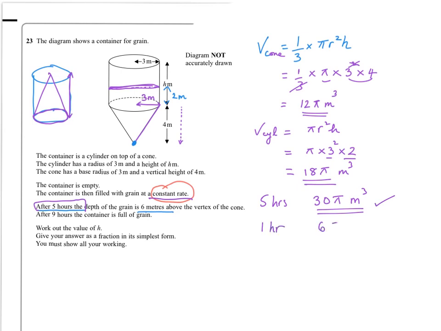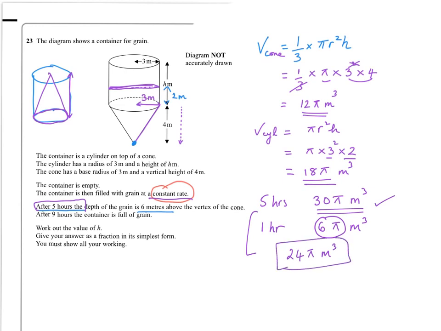It would have done 6 pi meter cubes in 1 hour, just divided both sides by 5. So 30 divided by 5, that is 6 pi. So in 9 hours you've got 4 more hours worth. So you've really got another 24 pi meter cubes to go.